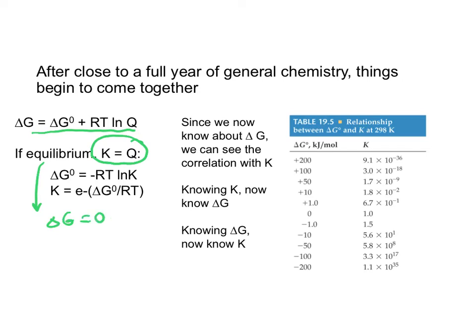I left that out because I wanted you to think as we did this. So if we have 0 equals delta G0 plus RT ln K, we can rearrange this equation, and now we have a relationship between delta G0 and K.